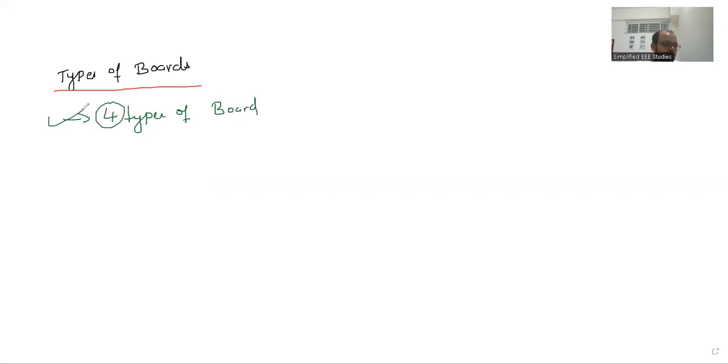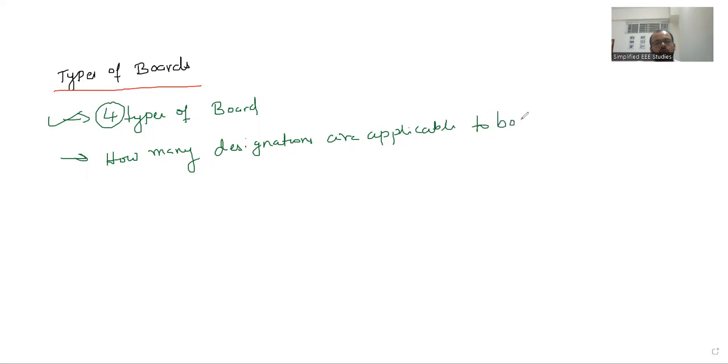Now, how many designations are applicable to the board? There are 4 designations.